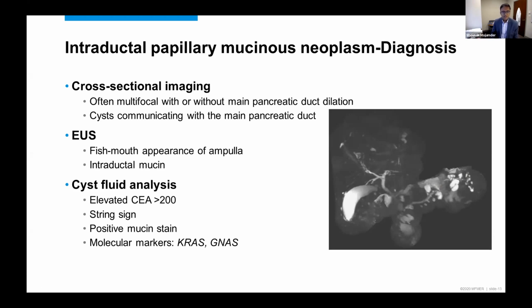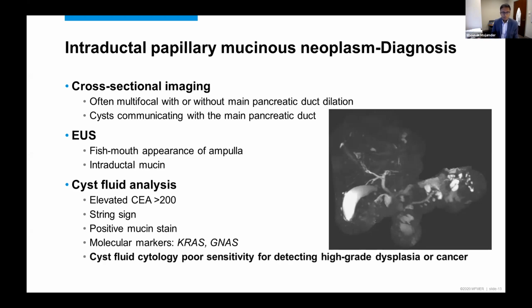There are other ancillary signs that can be helpful in making the diagnosis, such as the string sign and positive mucin stain. And more recently, we have molecular markers such as cyst fluid GNAS that can help make this diagnosis as well.